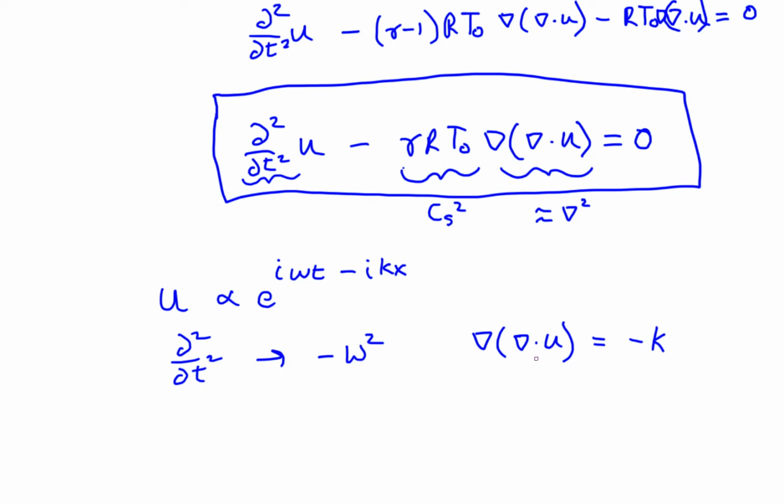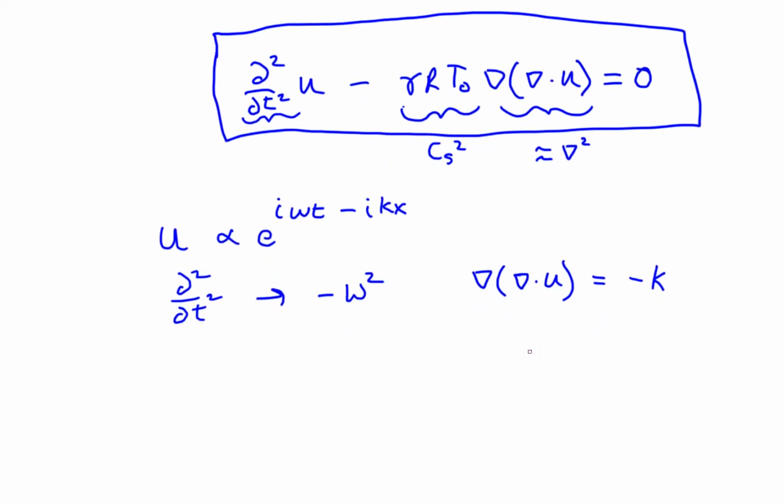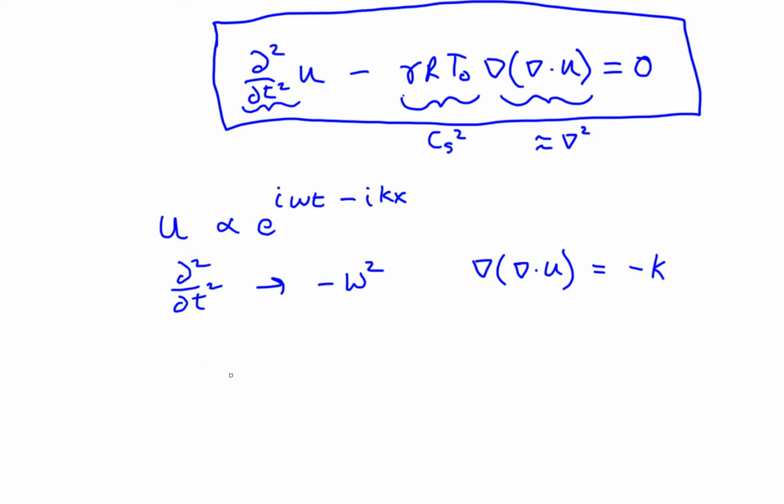Now, if we substitute these into the equation above, we find that we get minus omega squared u, and then minus gamma R T naught times minus k squared on u equals 0.